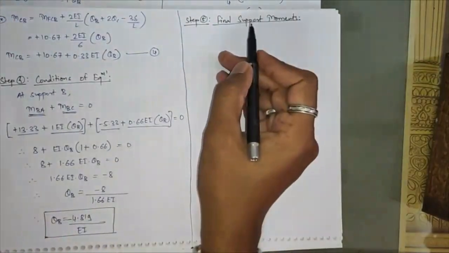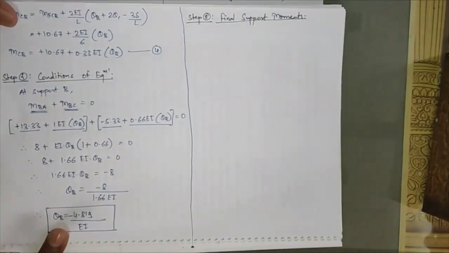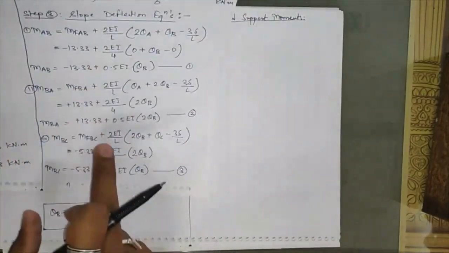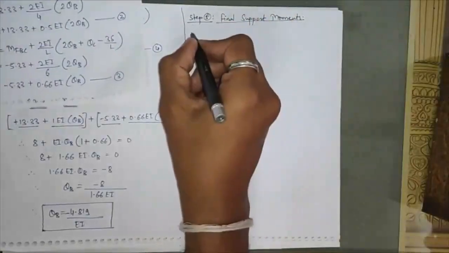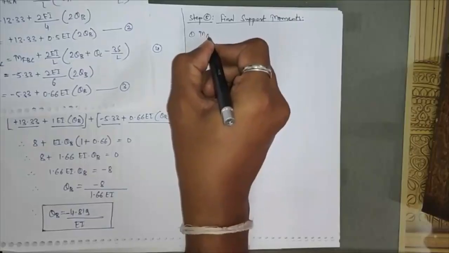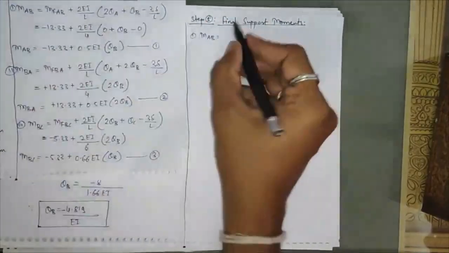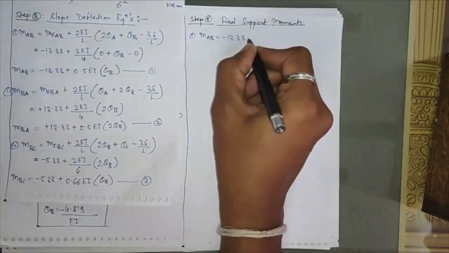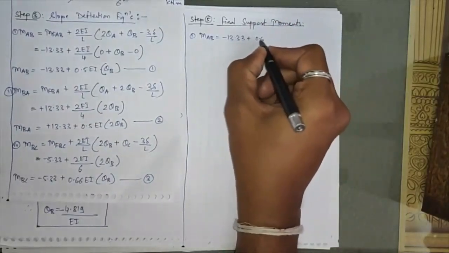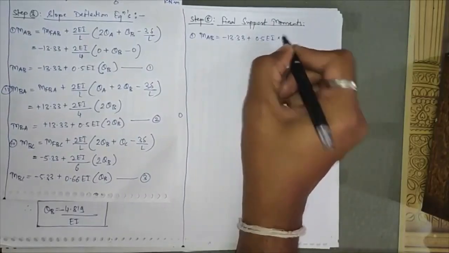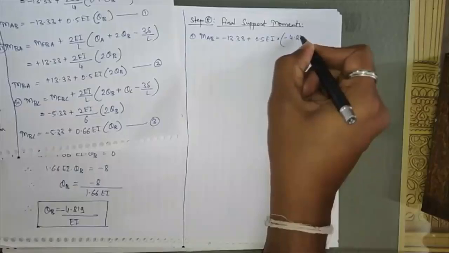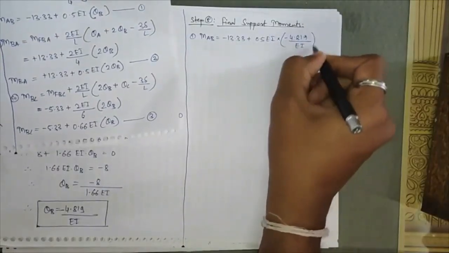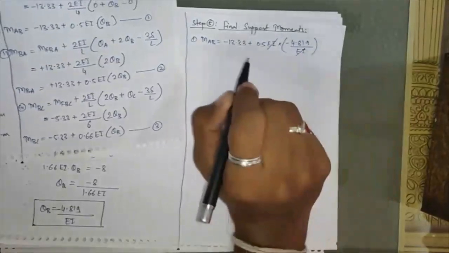How do you calculate them? You substitute the value you have calculated, theta B equal to minus 4.819 divided by EI, into the slope deflection equations, that is equations 1, 2, 3, 4. First, MAB: minus 13.33 plus 0.5 EI into theta B. The EI, the flexural rigidity, will get cancelled.